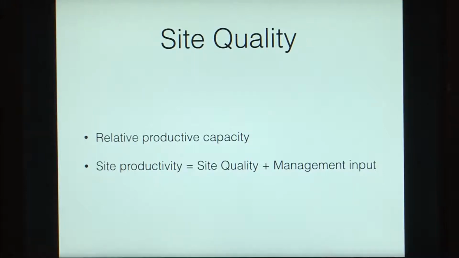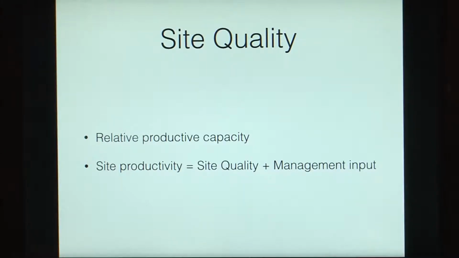Now, site productivity. We are talking about the relative productive capacity. The site productivity depends on two things: site quality and the management input. For instance, if you have two sites of the same site quality, and the management inputs are different, they will give you different site productivities.